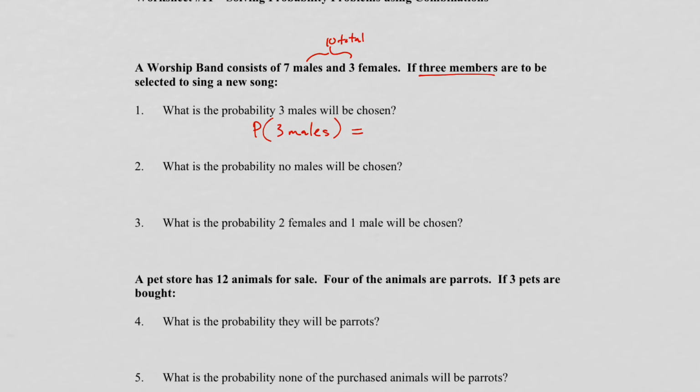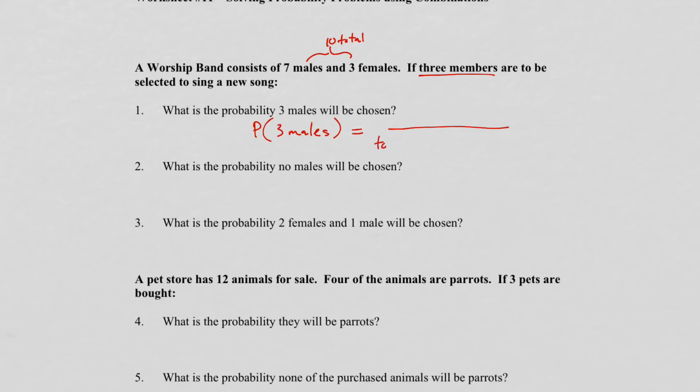Okay, we're trying to find the probability of some, not all of them. So let's be careful here. So the first one is going to be how many total males are there to choose from? How many total number of possible males? Because that's the question. The question is about males.